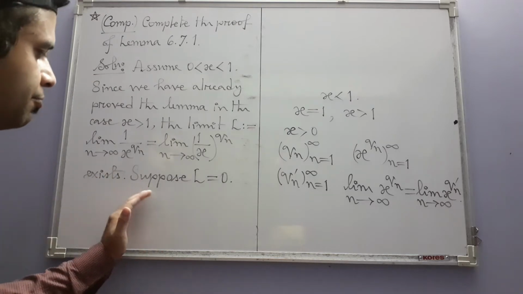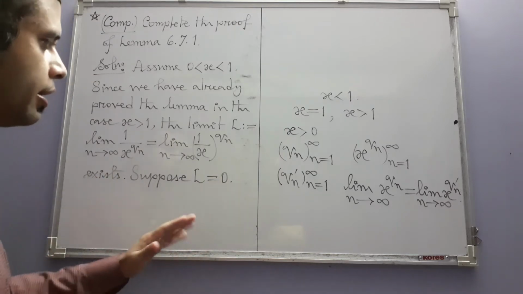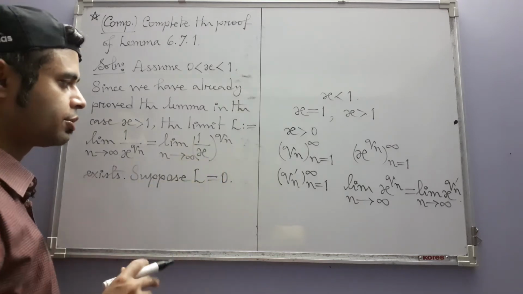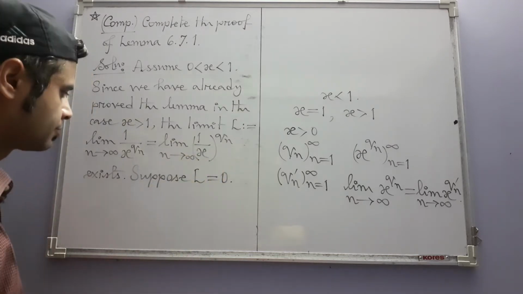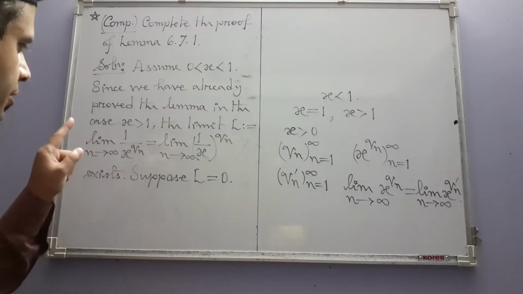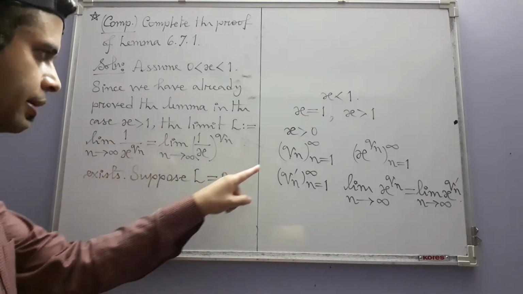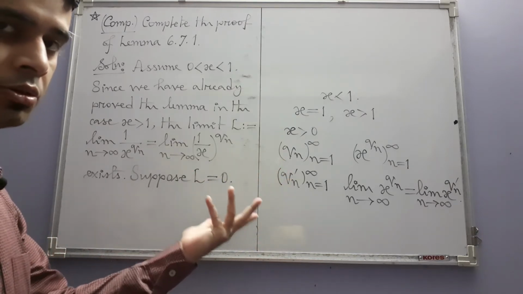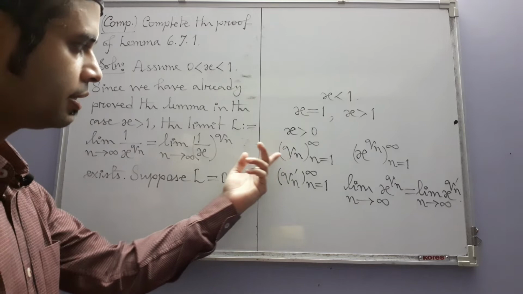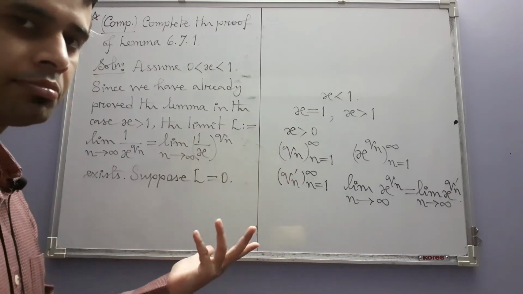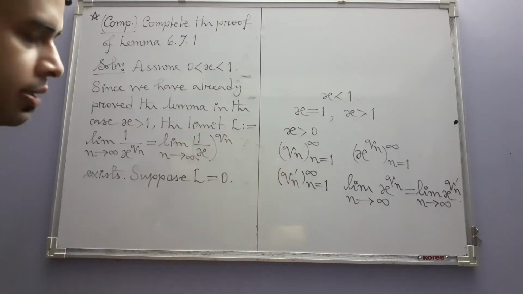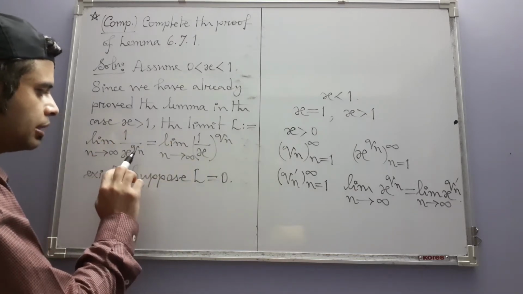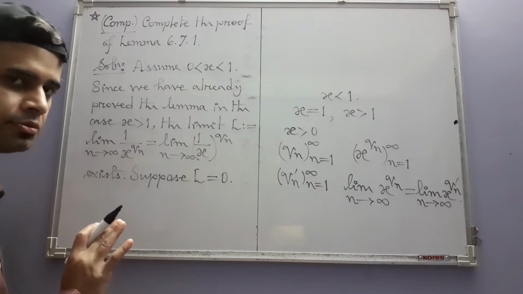Now, before we do anything else, let us think for a moment, how can L possibly be 0? You see, the exponents are rational with no other restriction. The exponents each qn can be positive or 0 or negative. But these powers x to the power qn are always positive.